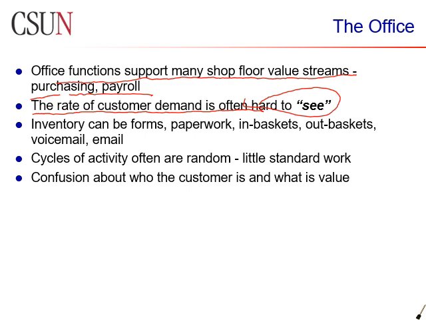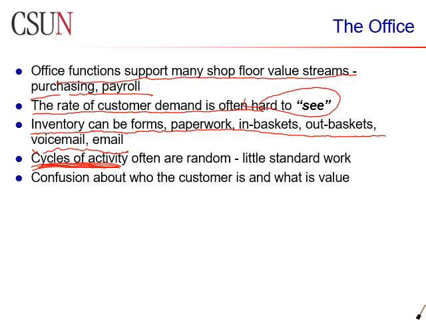And the inventory in the service includes paperwork, baskets, out of basket, voicemail, email. The cycle time, or the time of doing the production, is not very standard. It's not like production. When I say it will take 1 second, it's 1 second for production.